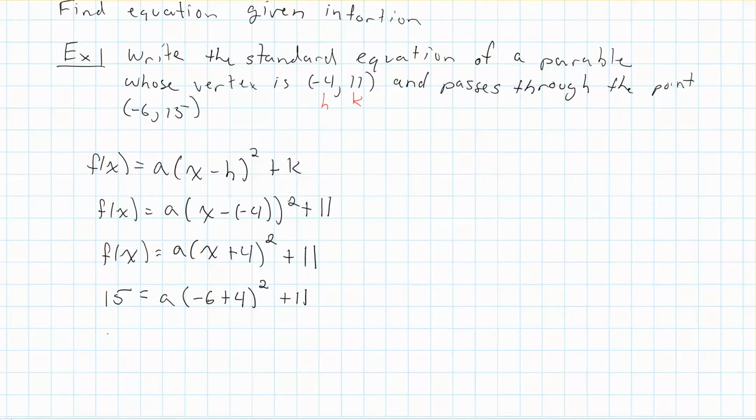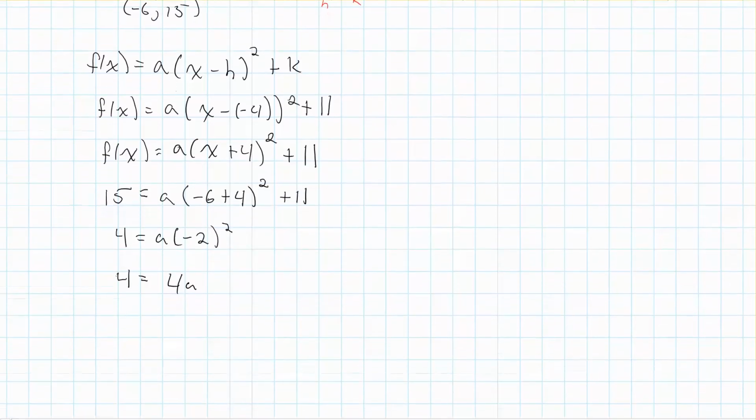Then we're just going to solve this. So I'll subtract 11 from both sides. So we have 4 is equal to a times negative 2 quantity squared. So you'd have 4 is equal to 4a. And then you'd have that a is equal to 1.